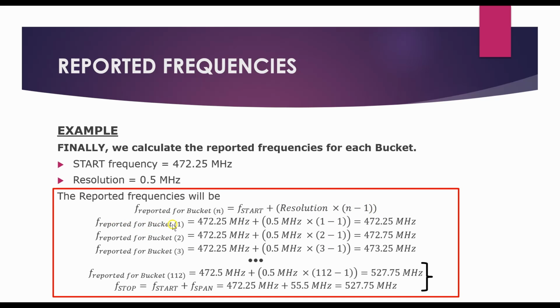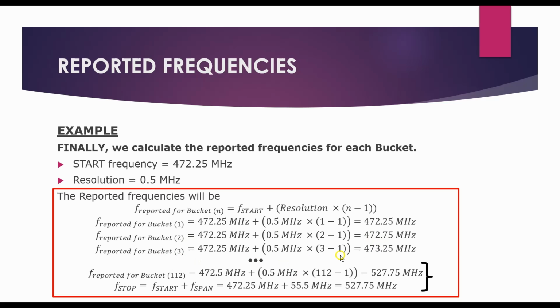And notice that for bucket number 1, 1 minus 1 is 0 times 0.5, that's all 0. So the reported frequency for bucket number 1 is the start frequency of 472.25.